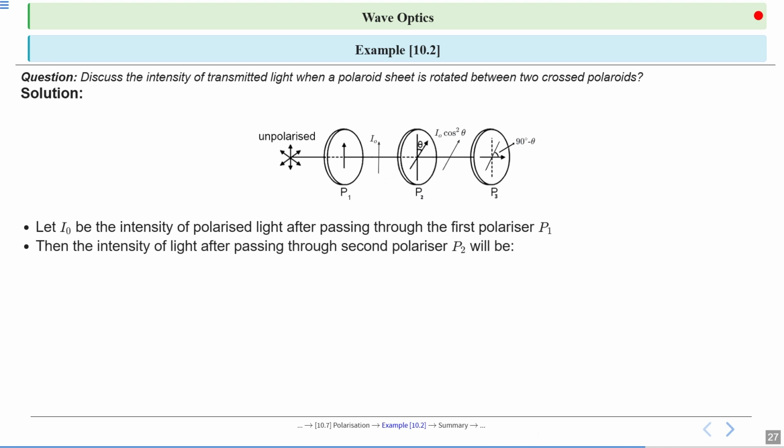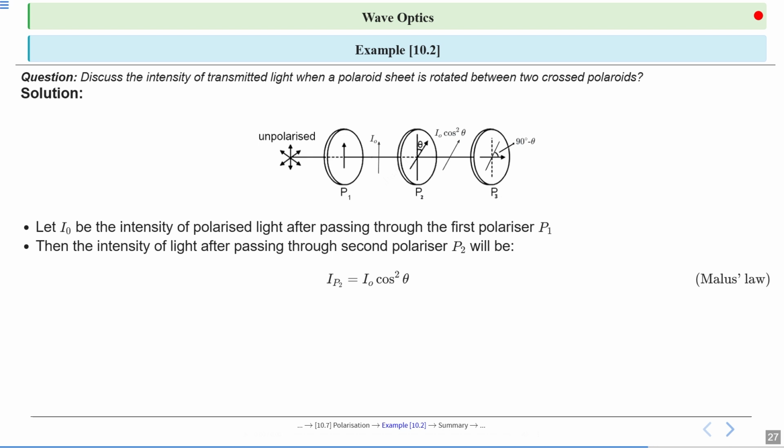Now we need to determine the intensity of light after it passes through the second polarizer P2. This is where things get interesting, because the intensity will change based on the angle between the axes of P1 and P2. According to Malus law, the intensity of light passing through P2 is given by I P2 equals I naught cos square theta.